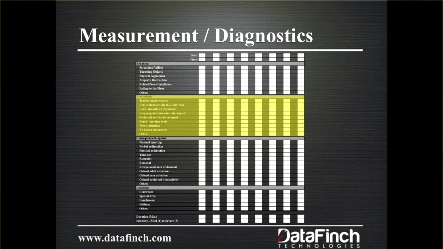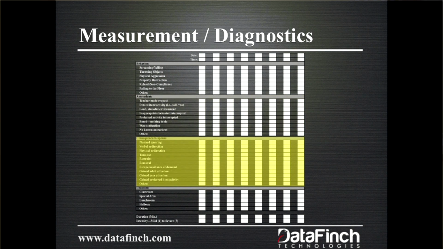The next section relates to antecedents. So in this section I would score the things that seemed to precede my target behavior, which antecedent or antecedents seem to cue this behavior that we're measuring. The next section is consequence or response. What were the things that happened afterwards?